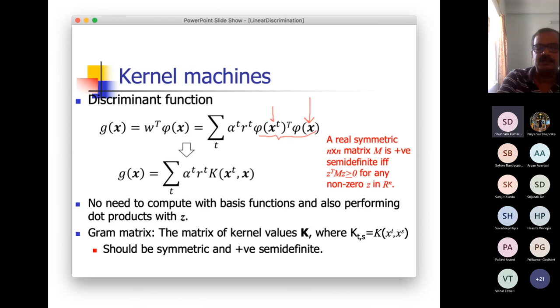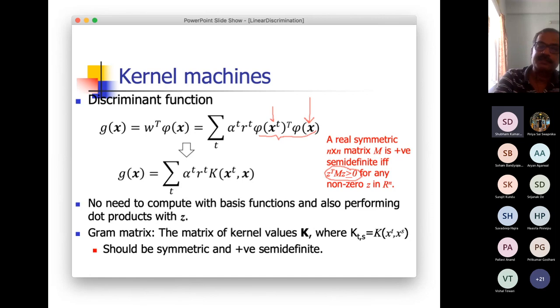The positive semi-definite definition is this: it has to be a real symmetric function. And if I compute a kind of quadratic computation on that feature space, Z transpose M Z, then it has to be positive.